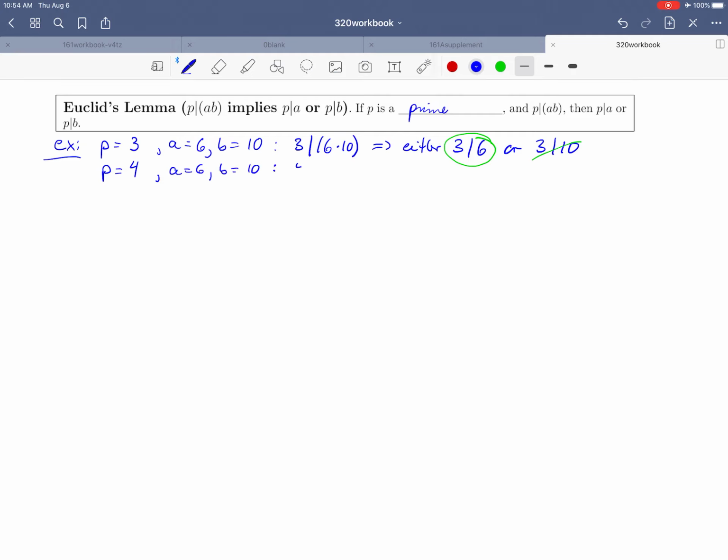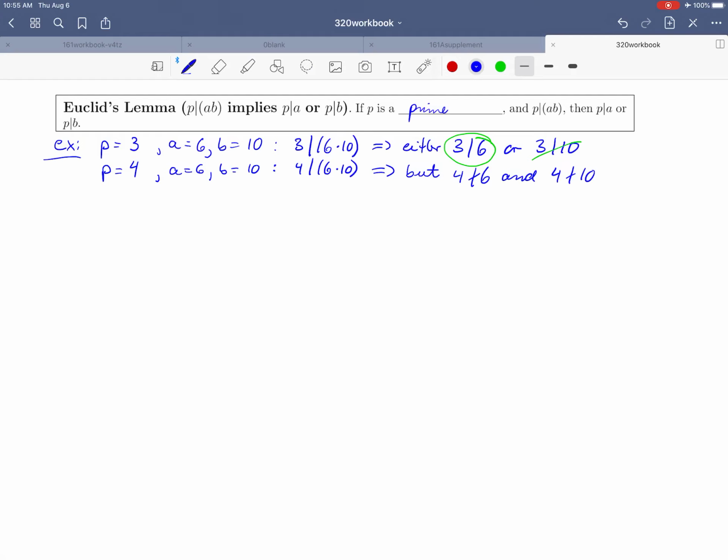It is still true that 4 divides 6 times 10. 4 divides 60. 60 is 4 times 15. But does 4 divide 6? No, it doesn't. And 4 also doesn't divide 10.